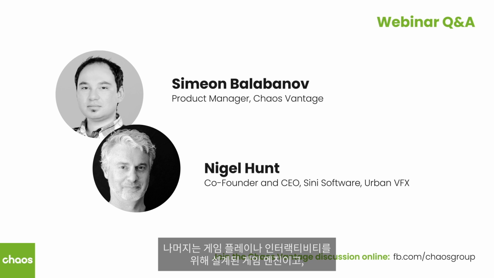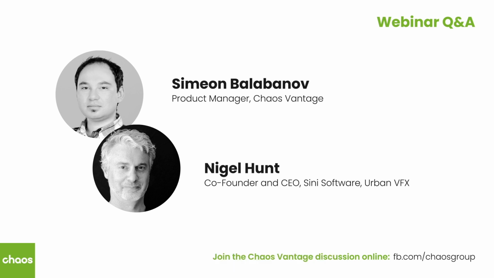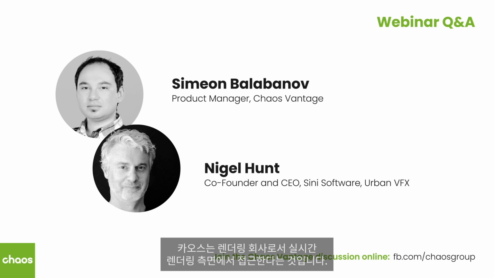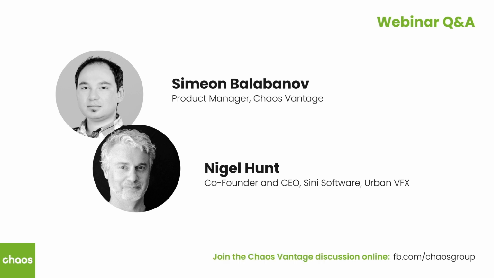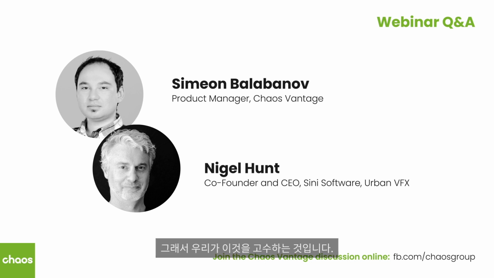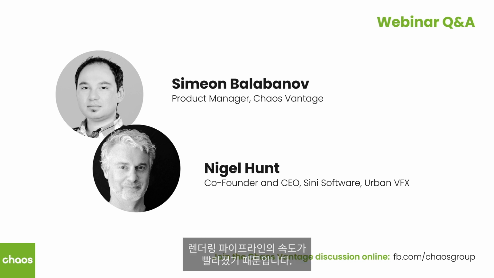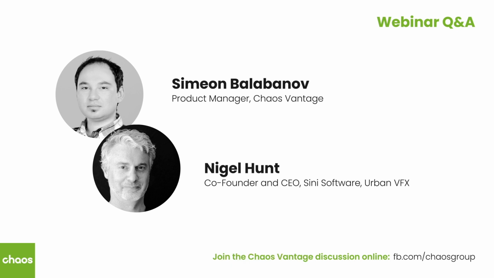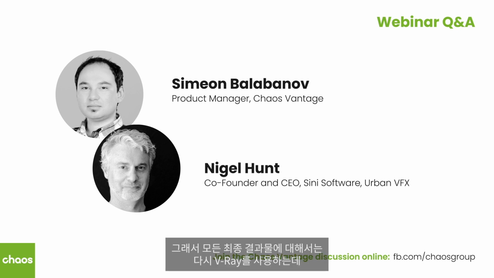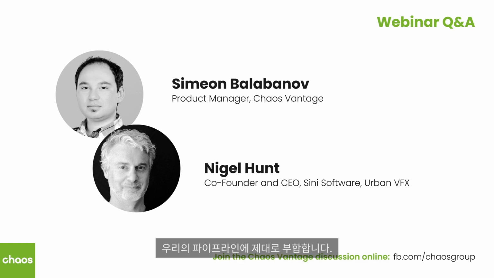They're designed for that sort of gameplay or interactivity, whereas Chaos are a rendering company, and they're approaching this from real-time rendering. And that is why we stick with it, because it's sped up our rendering pipeline. And yes, for all of our final outputs, we go back into V-Ray, but this is slotted into our pipeline.